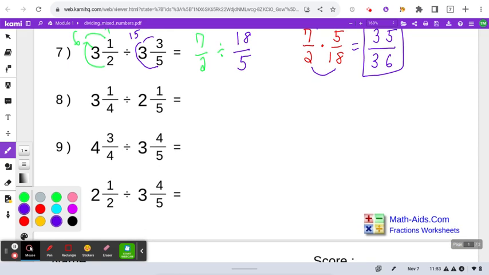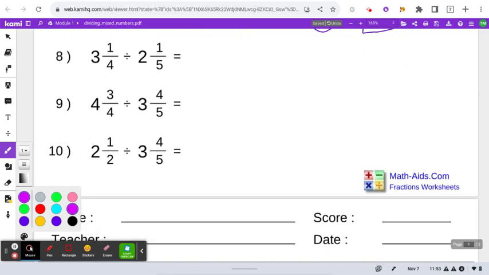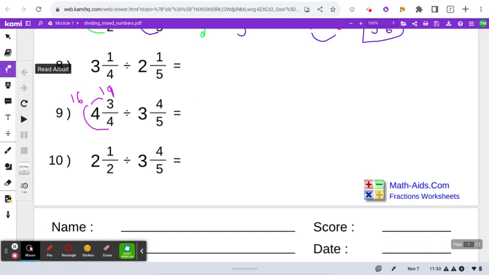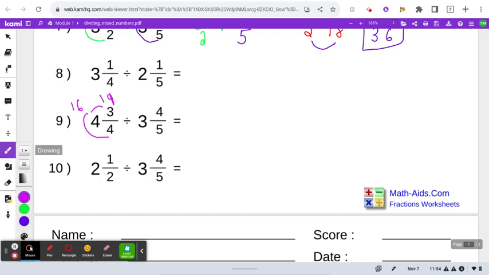Okay, I'll do one more, number 9. So for number 9, you would again do the backward C. 4 times 4 is 16. 16 plus 3 is 19. So you'd end up with 19/4.